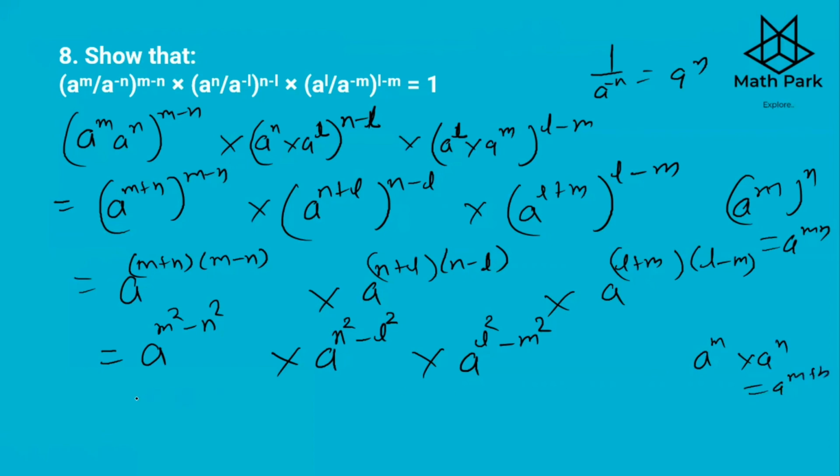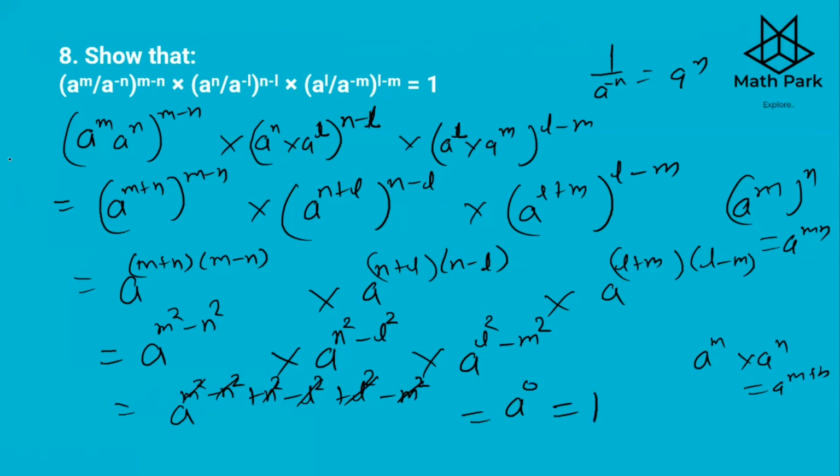We will add all the powers. So, we get a raised to m square minus n square plus n square minus l square plus l square minus m square. Got it? m square minus m square went, minus n square plus n square, minus l square plus l square. So, we got this as a raised to 0, which is equal to 1.